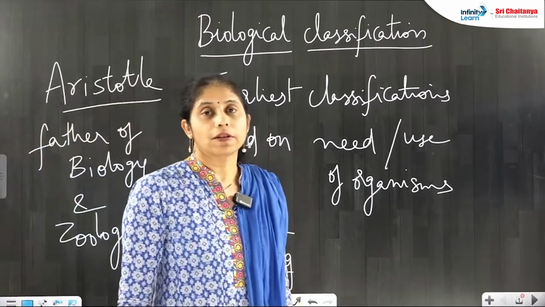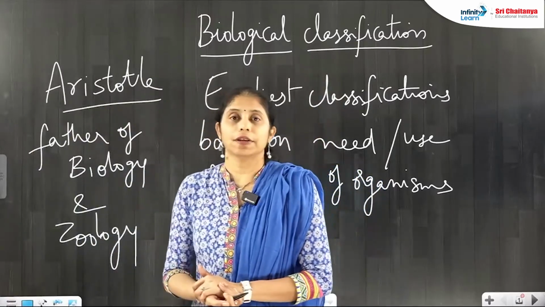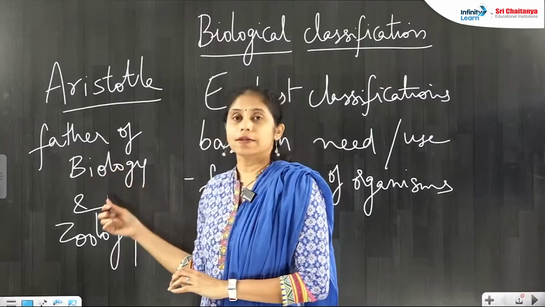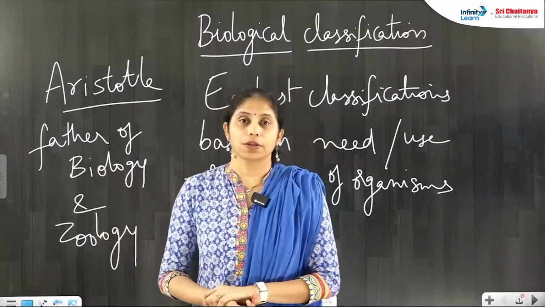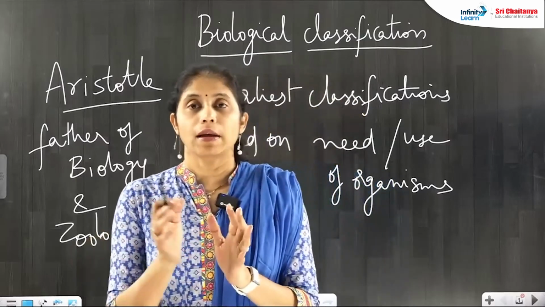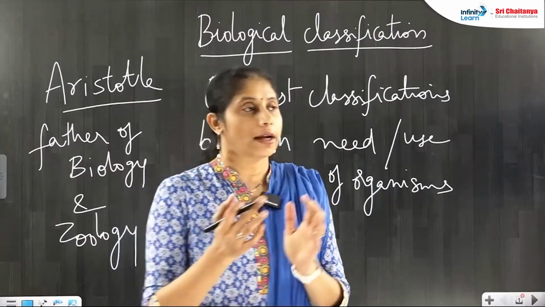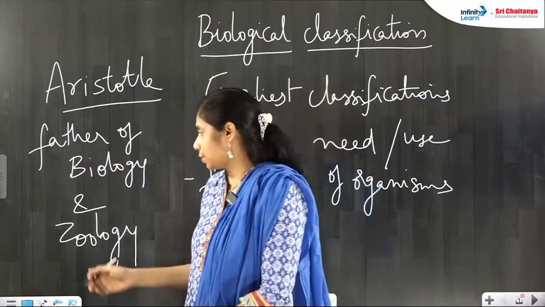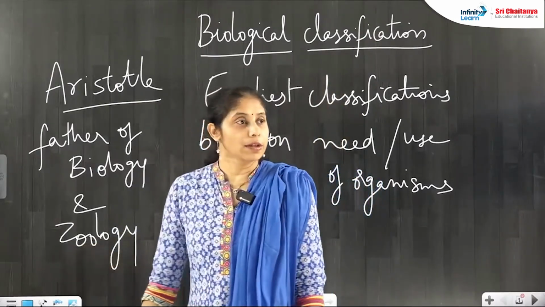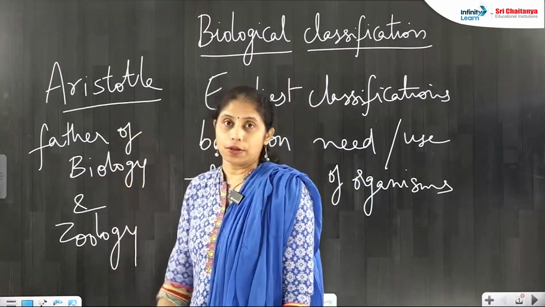Aristotle was considered the father of biology and father of zoology because he classified the animals into two groups: animals with red blood and animals without red blood. The study of animals is called zoology, so he is considered the father of zoology.